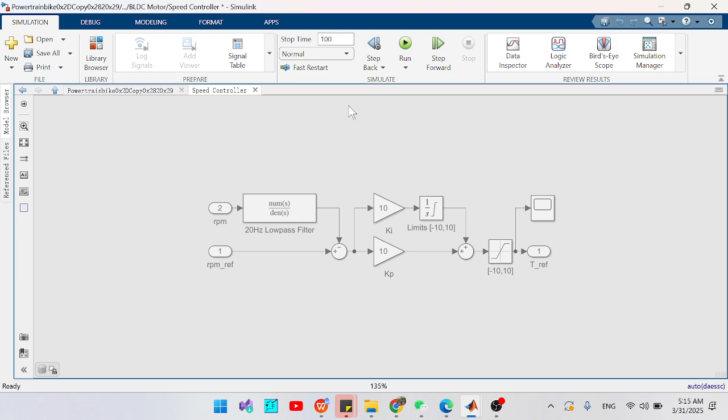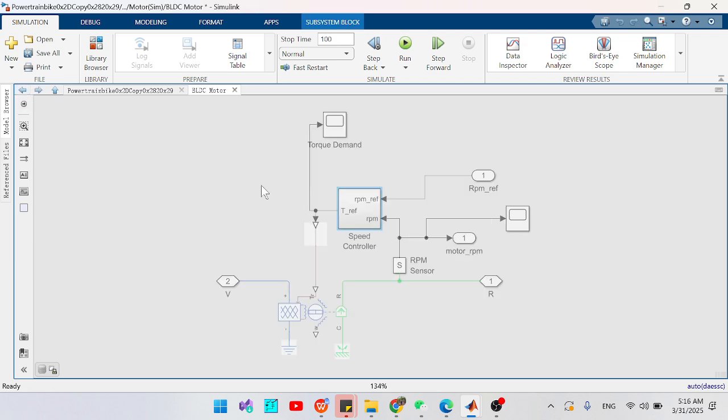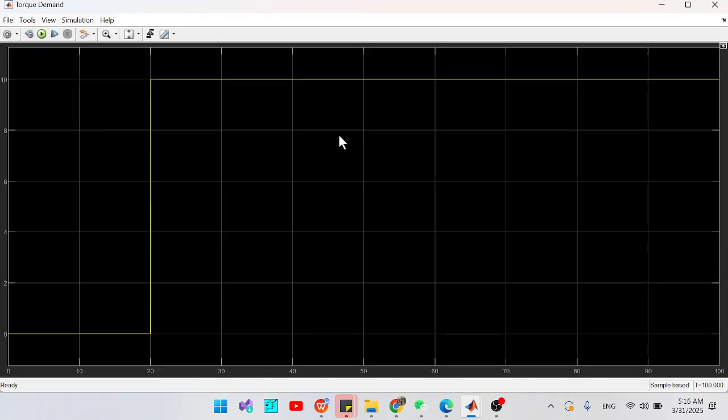So basically the RPM reference is coming directly from the motor control, and we have some calculations and mathematical functions which decide, depending on the motor RPM reference, what should be the torque output, right? So the T reference is the torque output that the vehicle produces from that motor. So the torque demand can be plotted here, straight away from 0 to 10 Newton meter.